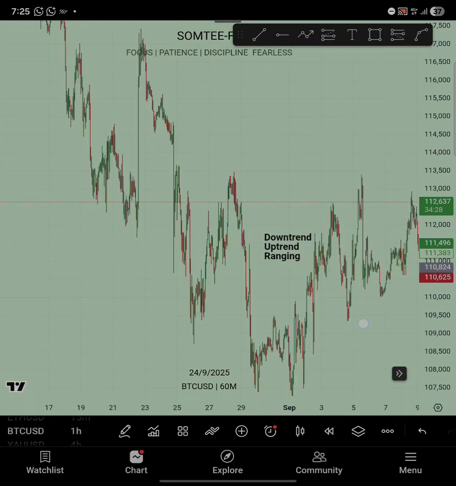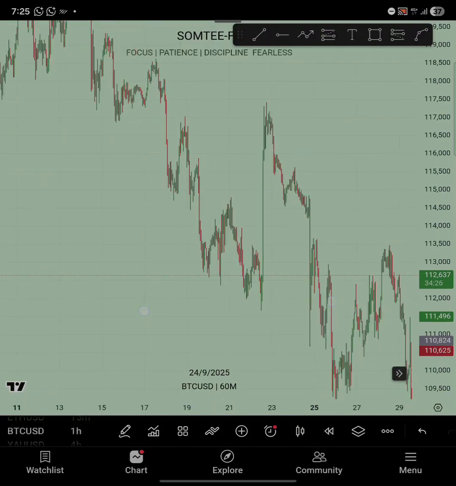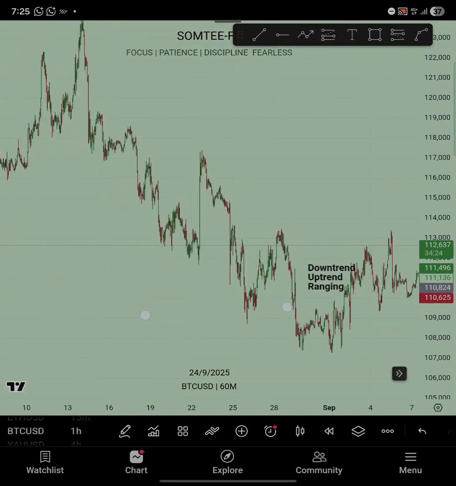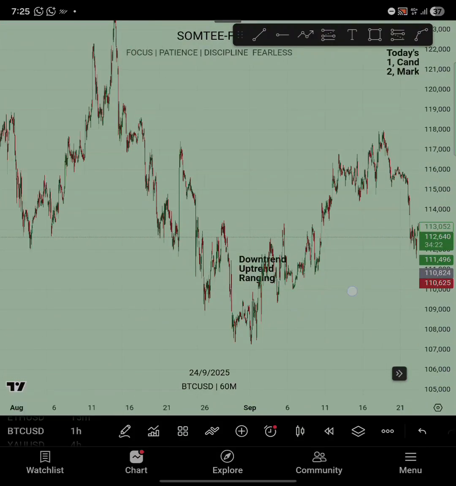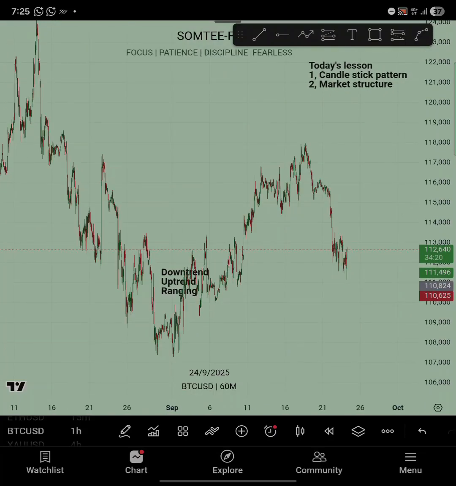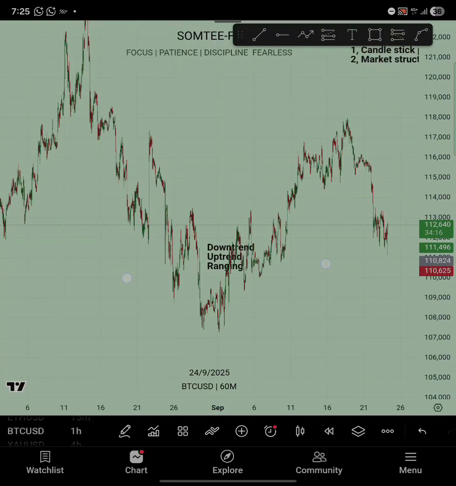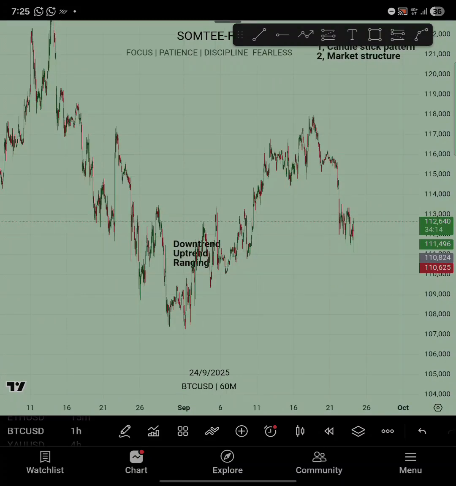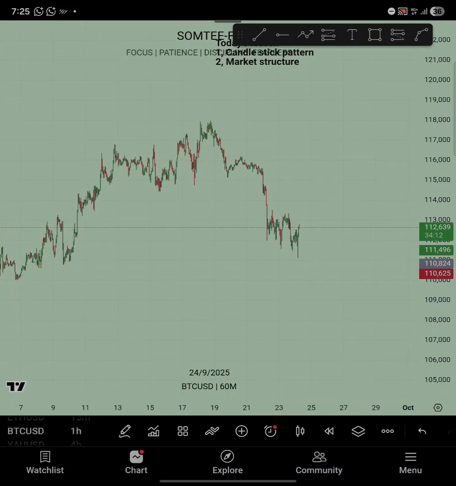It moves up, it moves down. There is what we call an overall uptrend. You can check whether a BTC trade is in an overall downtrend or overall uptrend. Today is 24 September 2025.